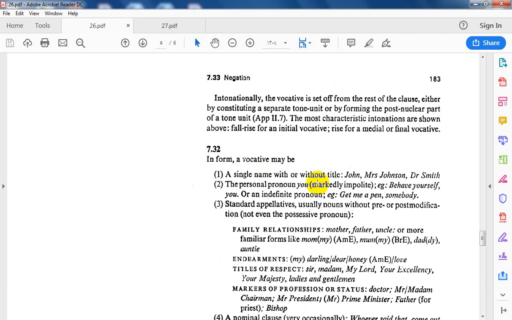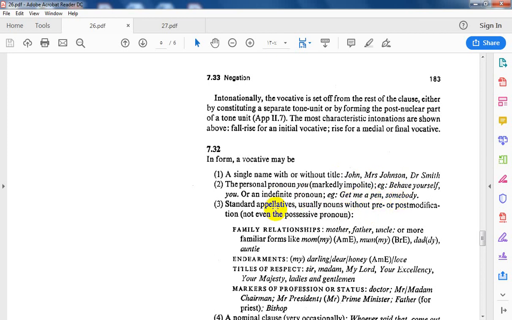With a title: Mr. Ahmed. Another form is the personal pronoun you, which is an impolite way to call someone: You, behave yourself. The original sentence is just behave yourself. Or an indefinite pronoun, such as somebody or anybody: Get me a pen, somebody.